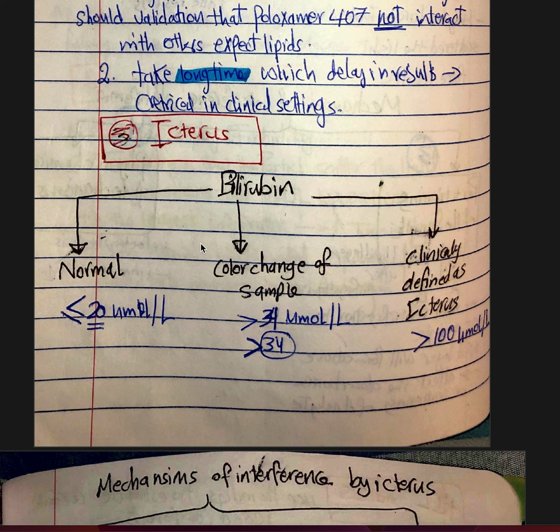So again, these are the levels of bilirubin: normal is less than or equal to 20 micromole per liter; above 34 micromole per liter there is a color change of the sample; and clinically identified icterus means more than 100 micromole per liter.